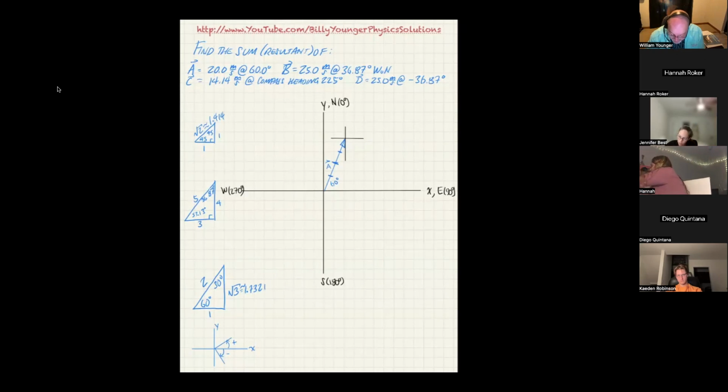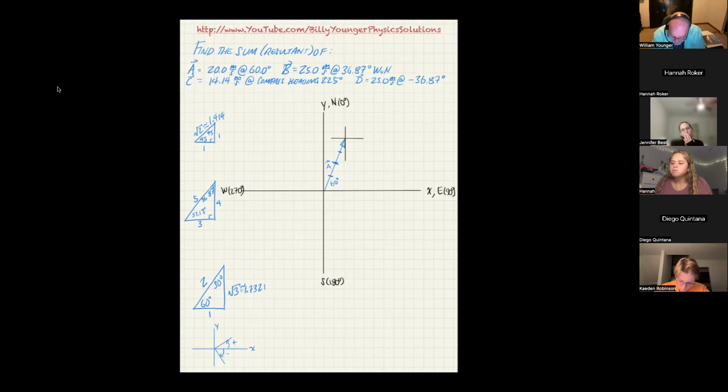25.0 meters per second, but this one's at 36.87 degrees west of north. By the way, west of north is entirely different than north of west. North of west would be just barely above the west axis towards the north, and west of north is just barely to the left of the north axis towards the west.